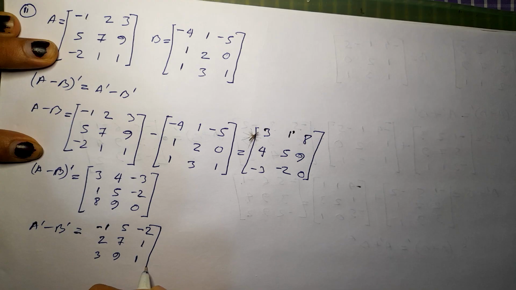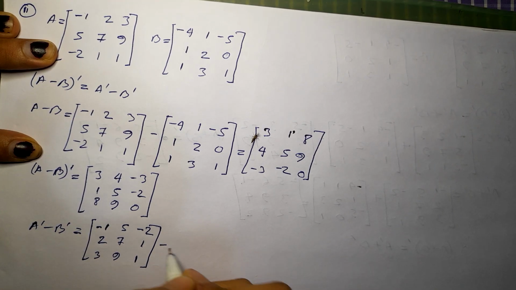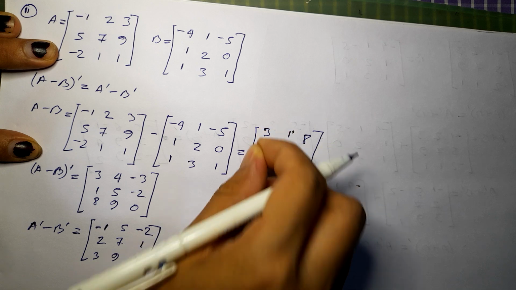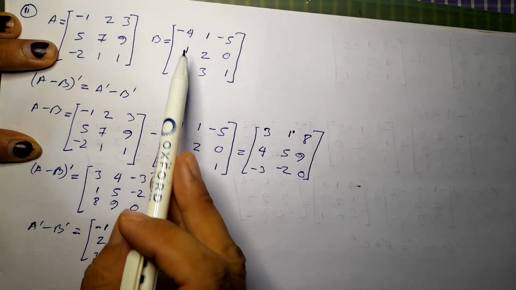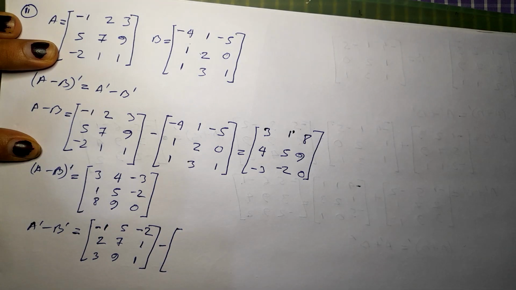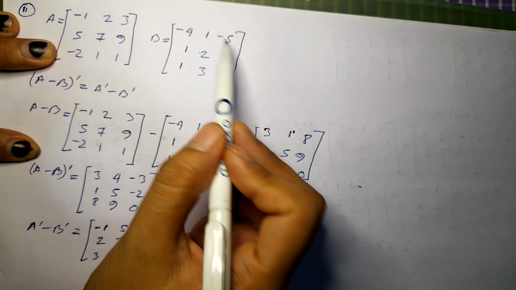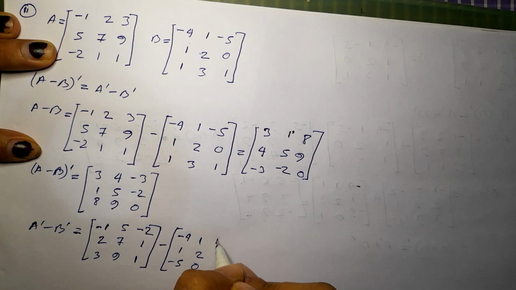This is A transpose. Minus the transpose of matrix B, where rows become columns: -4 1 -5, 1 2 0, 1 3 1.